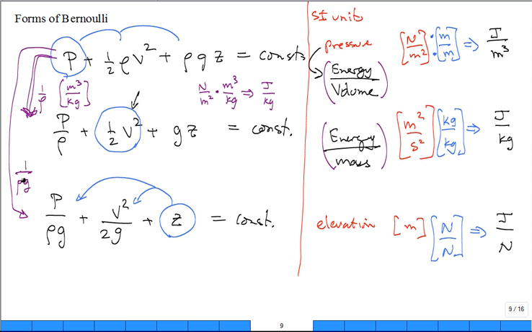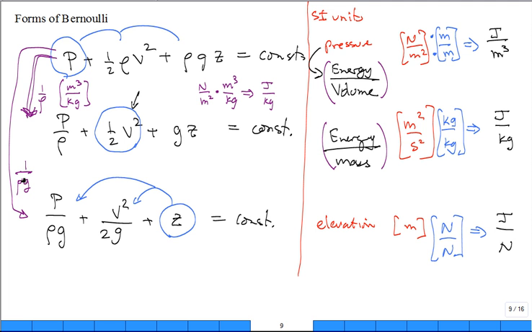Okay, rho g. That combination of parameters, rho g. I think I've heard a name of that before, a name and a symbol for that before. So I'm going to pause. I want you to remind me what rho g is, and give me the name of it, the symbol of it, and the units of it, and then see if you can work out, just like I did with 1 over rho, what the interpretation should be for this last equation.